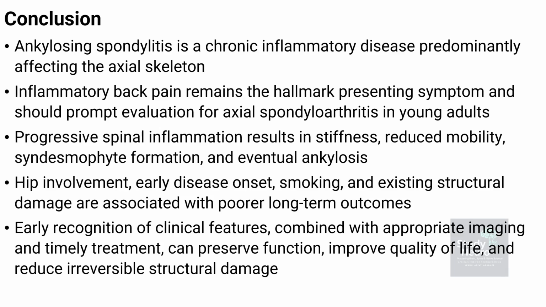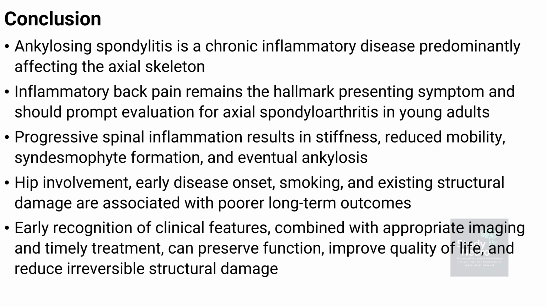Ankylosing spondylitis is a chronic inflammatory disease that mainly affects the axial skeleton, and inflammatory back pain remains its most important presenting feature, especially in young adults, where early recognition should prompt evaluation for axial spondyloarthritis. Early diagnosis changes outcomes.